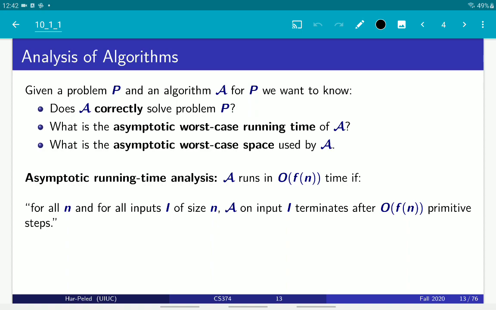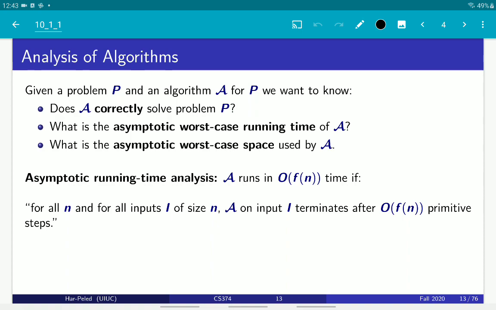Now, given an algorithmic problem P, we would like to come up with an algorithm that solves it. It has to be correct. We will care about correctness of algorithms quite a bit. We will care about the running time, but only in the asymptotic sense, because exact running time with constants is not something we are worried about. The definition of asymptotic running time is that usually we would like to have an upper bound that says the running time is at most this function of n multiplied by some constant.